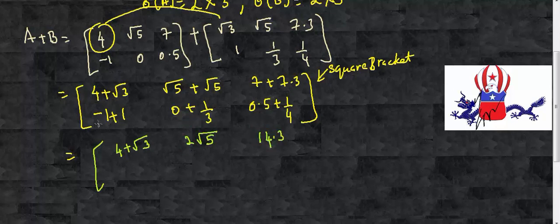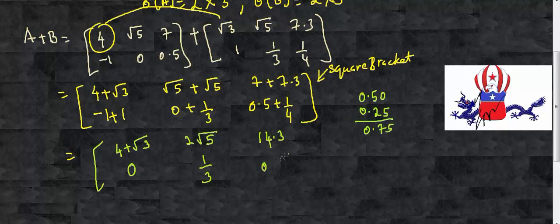Coming to the second row, negative 1 added with 1 would give you 0. 0 added with 1 over 3 would give you 1 over 3. And 0.5 added with 1 over 4. Actually, you know 1 over 4 is going to be 0.25, right? So they are asking you to add 0.50 with 0.25. So that will give you 0.75.